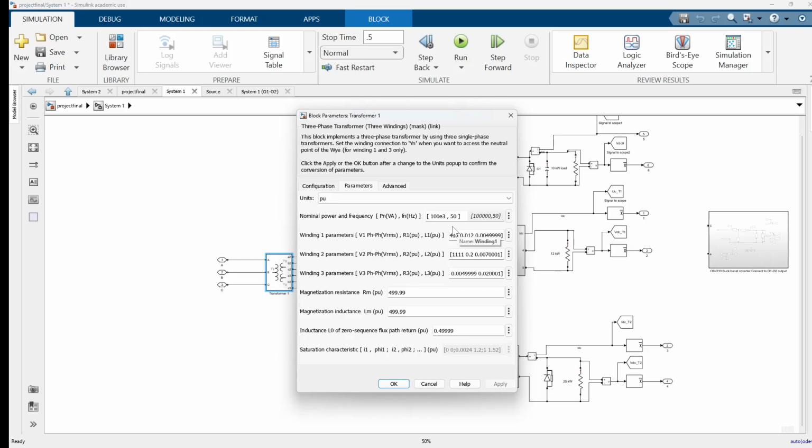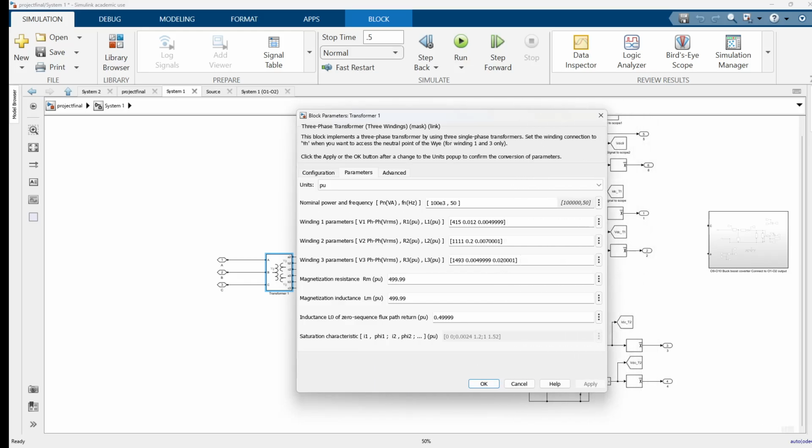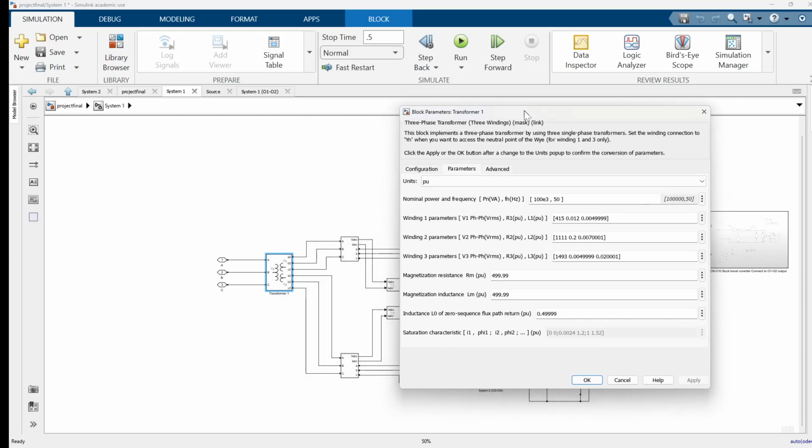The primary voltage is 415 at the primary side, and it is stepped up to the first winding of 1111 volt, and the second output terminal.